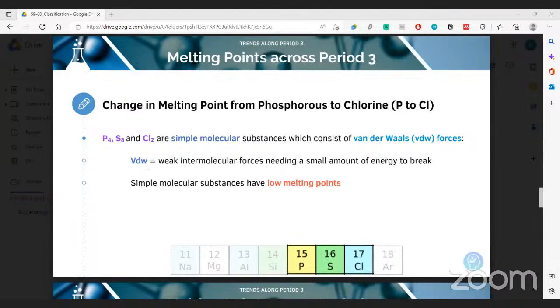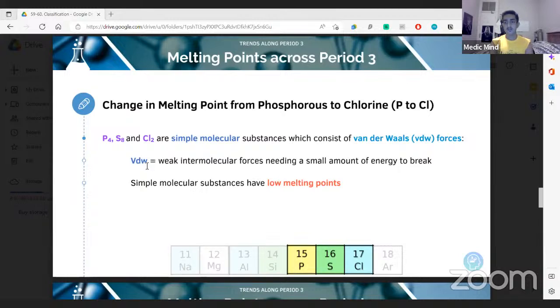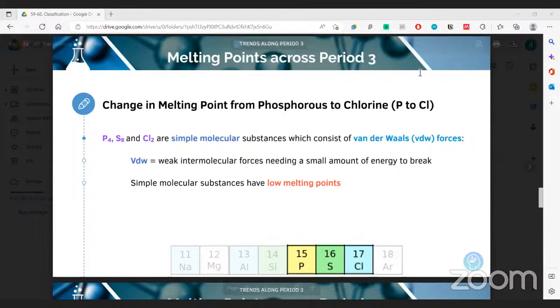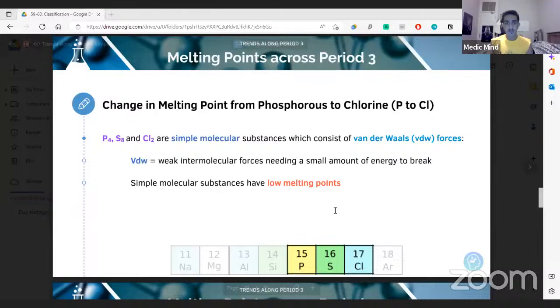Because phosphorus, sulfur, and chlorine are simple molecular substances, which consist of van der Waals forces. Van der Waals forces are weak intermolecular forces that need a small amount of energy to break. They're simple molecular substances which have a low melting point.